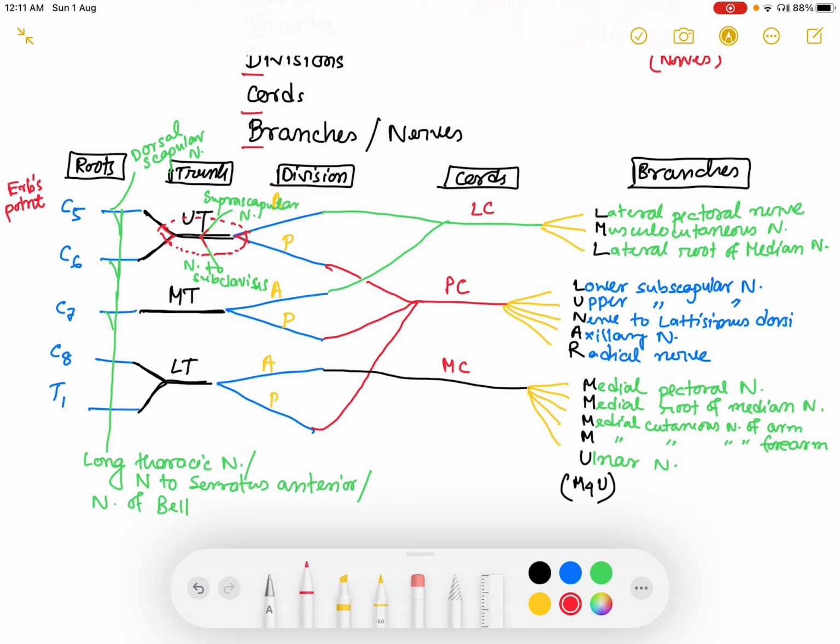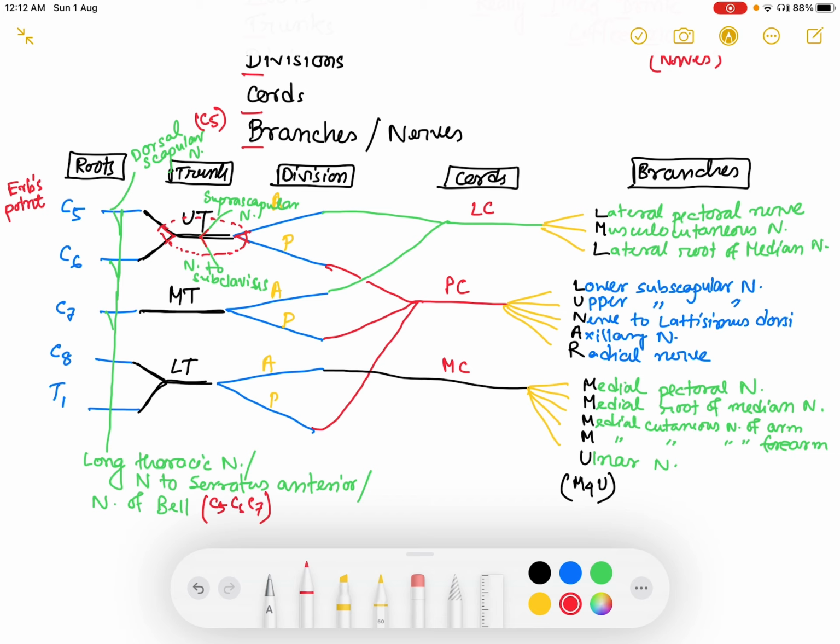First, the root value of the nerves arising from the roots. For the dorsal scapular nerve, the root value is C5. And for the long thoracic nerve, the root value is C5, C6, C7.